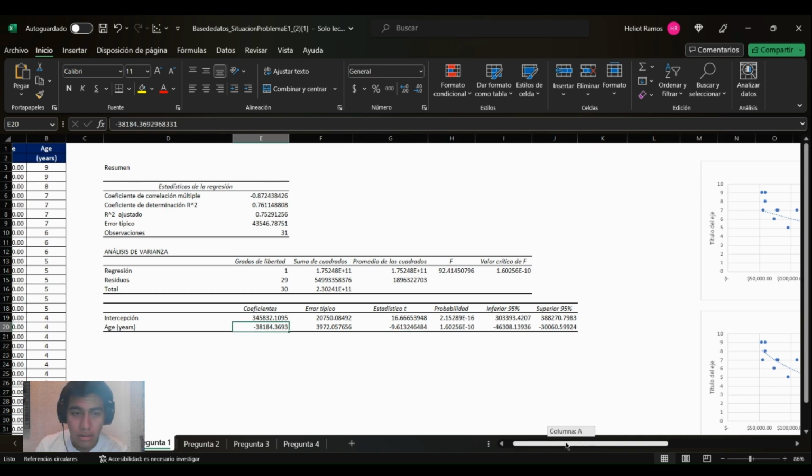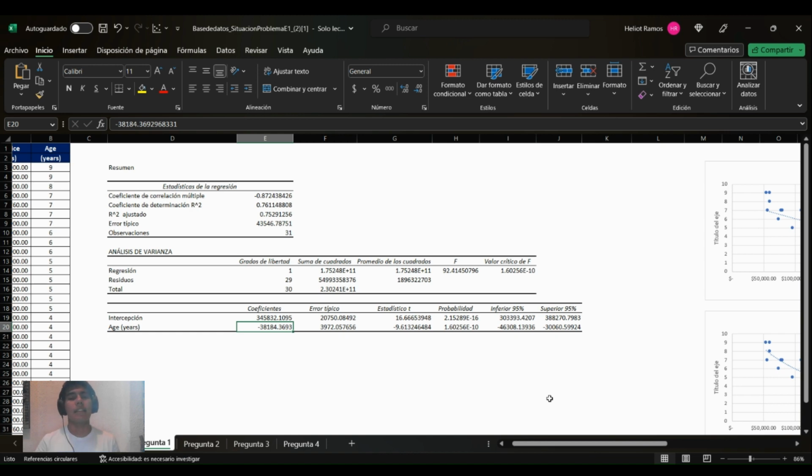So basically, for this model, the range of possible values for the coefficient that will later be multiplied by the amount of years a car has is between minus 46,308 and minus 30,060. So that gives us a whole range of possible values, all on the negative side.